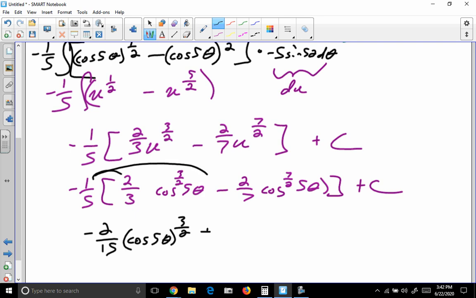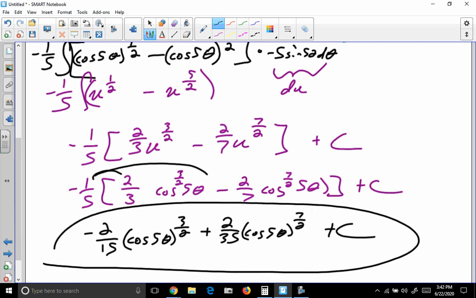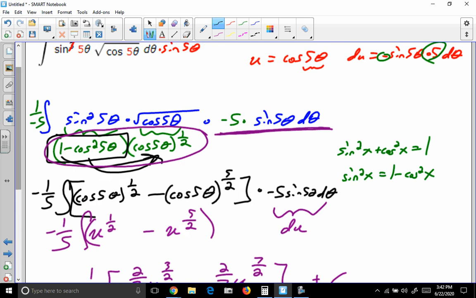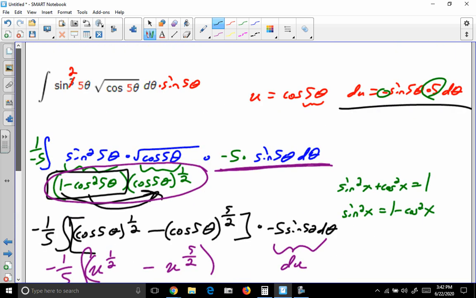Negative times negative, that's positive 2/35 cosine 5 theta to the 7/2. So a little messy there, but the key is whichever one is odd, we're going to pull that to be part of our du, change everything else to the cofunction.